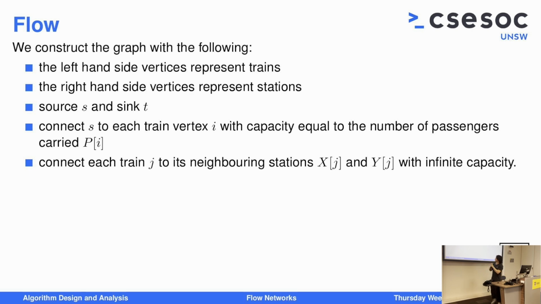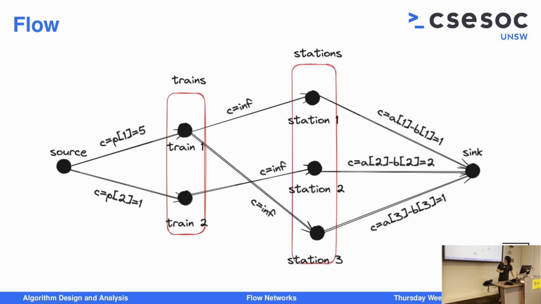Connect all of the train stations to the sink T with the corresponding capacities. This diagram here is the exact flow network we would construct for our example previously stated. You see we have train 1, train 2, station 1, station 2, and station 3.